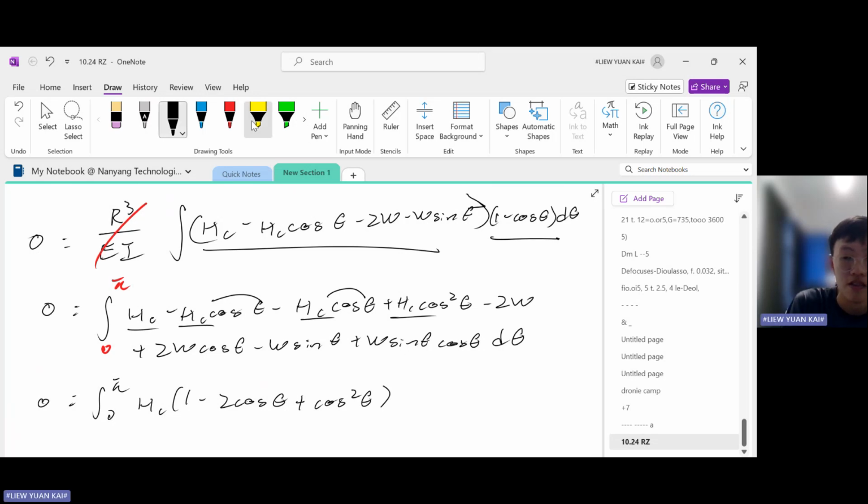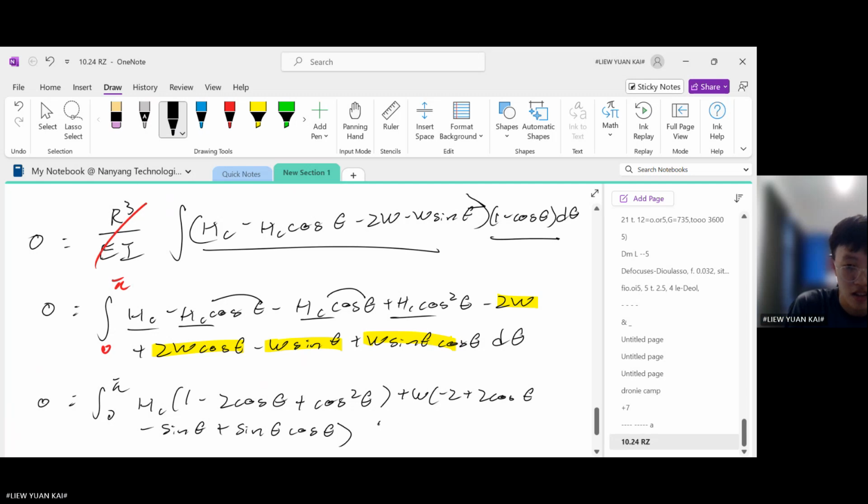And I'm going to factorize all the w terms. So plus w times minus 2 plus 2 cos theta minus sine theta plus sine theta cos theta, d theta.